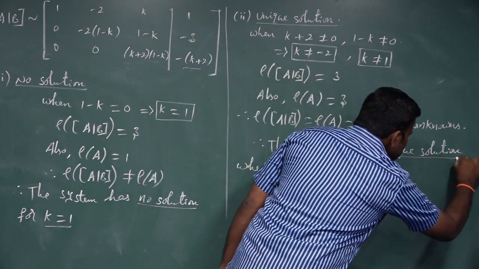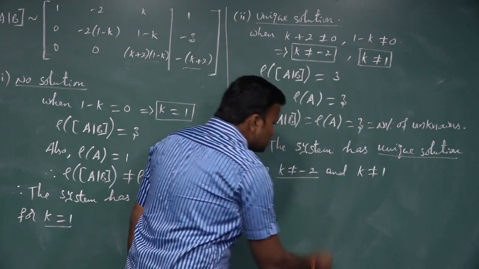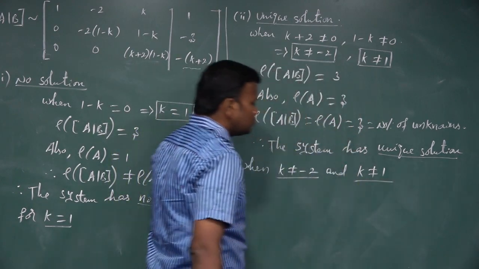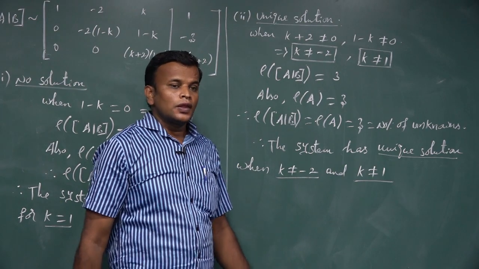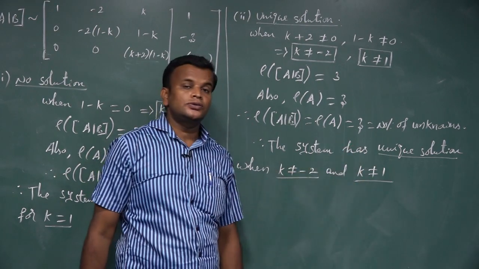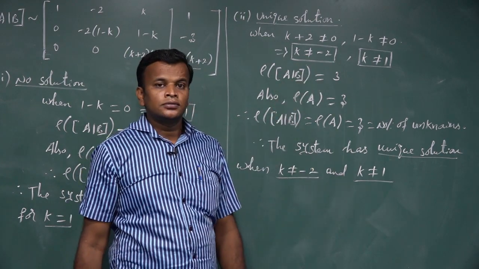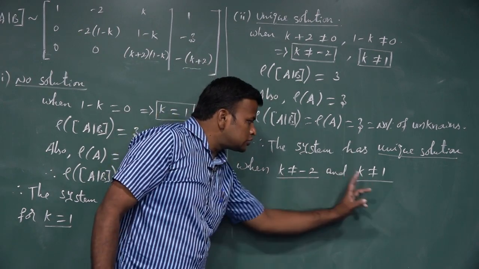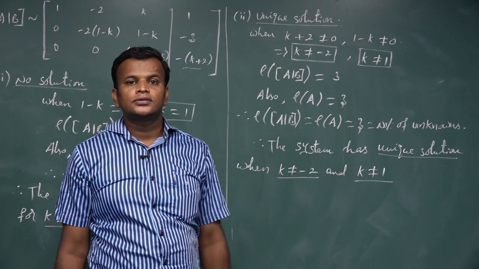The given system has unique solution whenever the value of K is not equal to minus 2 and also K is not equal to plus 1. We must indicate both the values. Suppose we indicate only one of the values, K not equal to minus 2, and I put the value of K as 1. The rank is different. So we must tell both the values. So except these two values, the given system has unique solution.